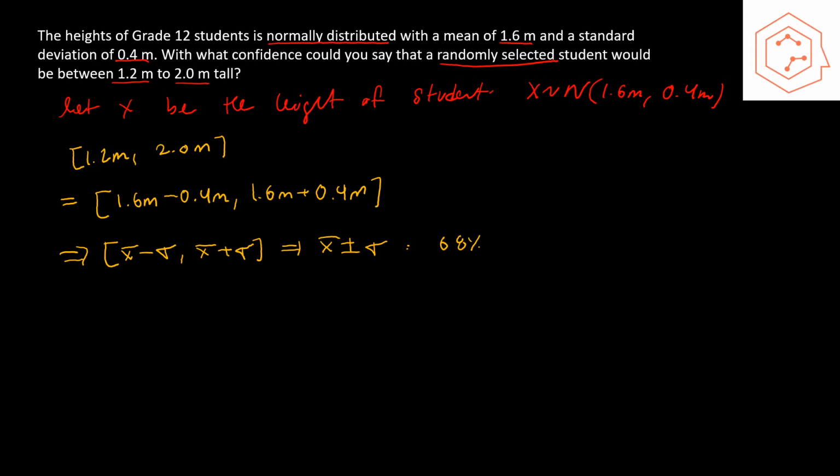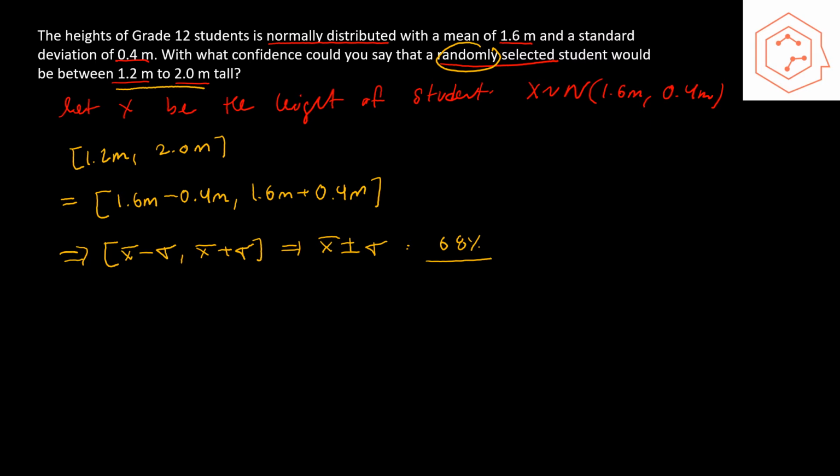Now, randomly selecting a student from the population or from the sample is essentially a trial within an experiment. And the probability of the event of it landing between 1.2 meters to 2 meters, if you remember from continuous distributions, that probability would be 68%.